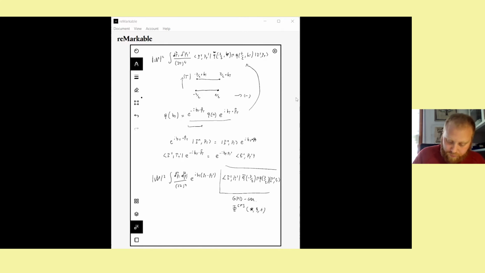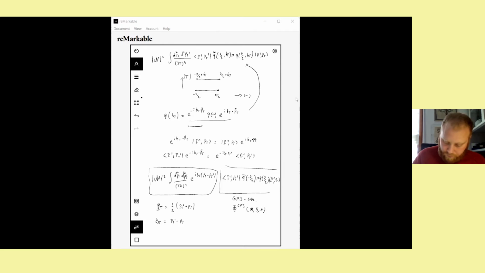Now you are left with this more or less ugly integral, but you can switch to average and difference of momentum. You can define capital PT as one half of pt prime plus pt, and delta T, which is pt prime minus pt. When you compute the Jacobian of this transformation, you get unity, so you don't have to worry about it.